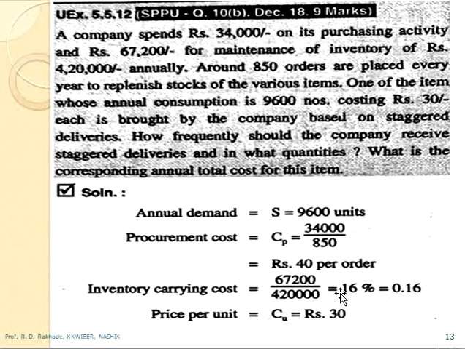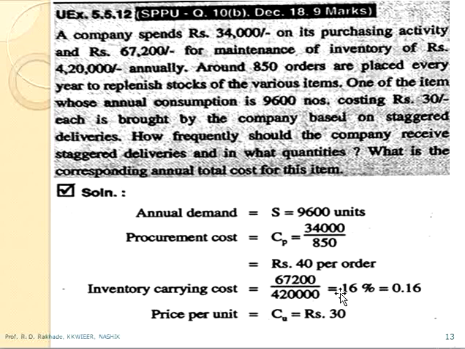So around 850 orders are placed every year to replace stock of various items. So this is generalized information. One of the items whose annual consumption is 9,600 numbers. One of the items means we consider only one inventory.